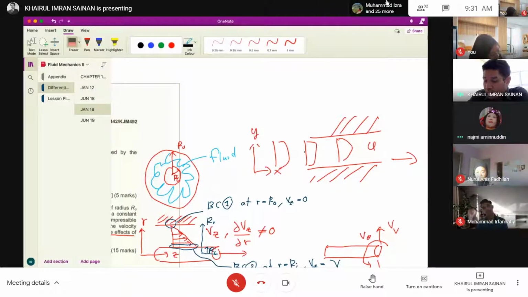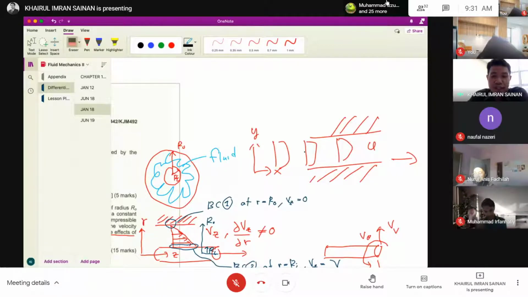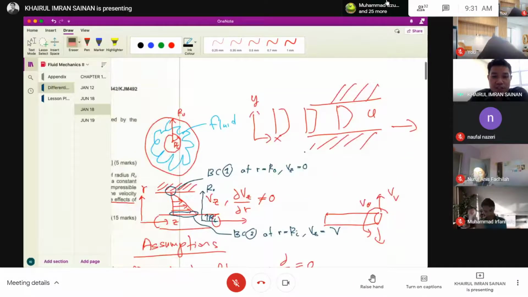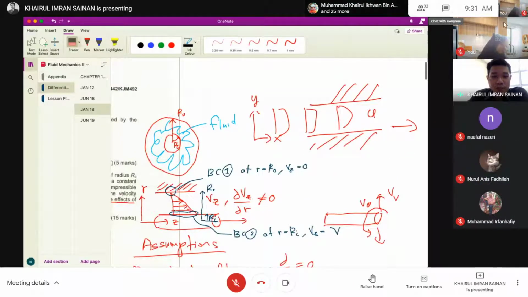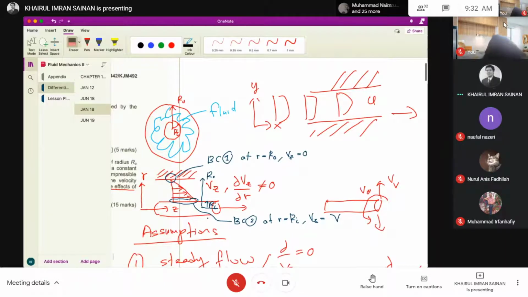Del vz over del z. Yeah, very good, z. Del vz over del z does not change. The triangle will always look the same at any position because you already assume fully developed laminar flow.